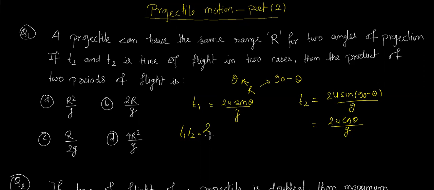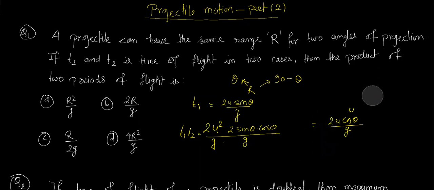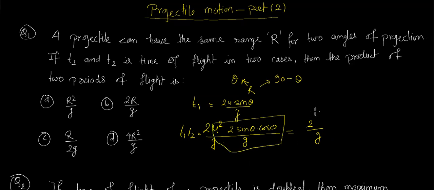We can write 2, and then u square, then 2 sine theta into cos theta, and the product of g is g times g. So we can write 2 by g, and the rest of the terms we can replace by u square sine 2 theta by g, which is our expression for range.